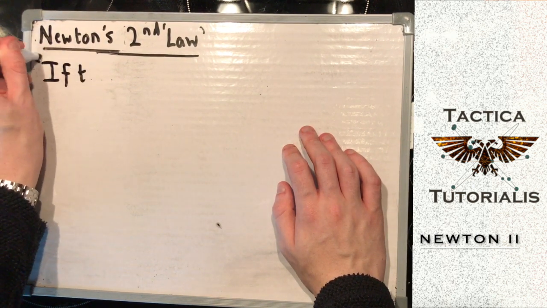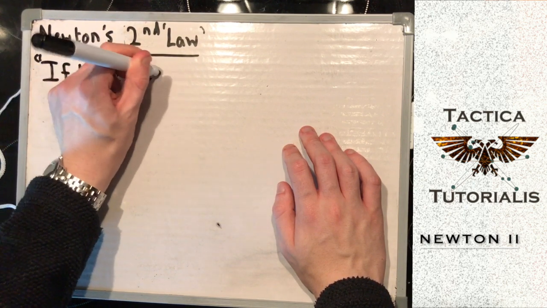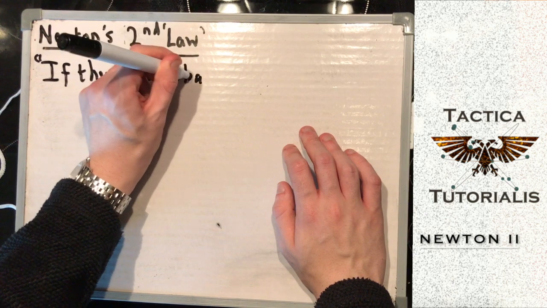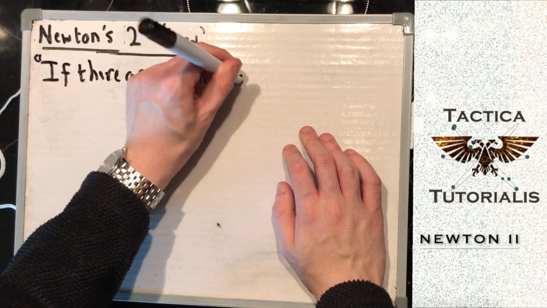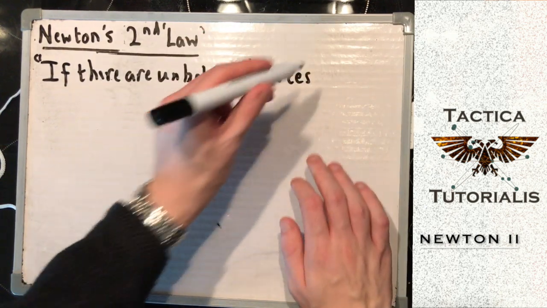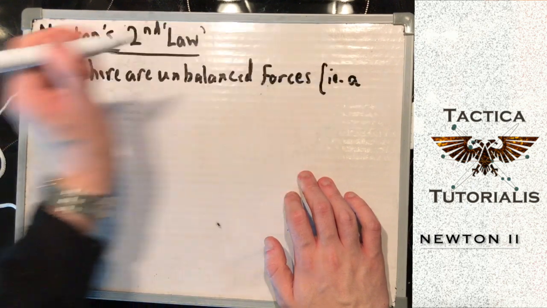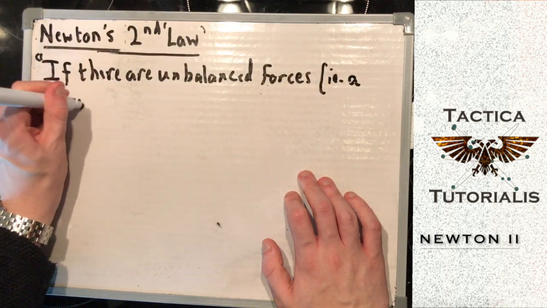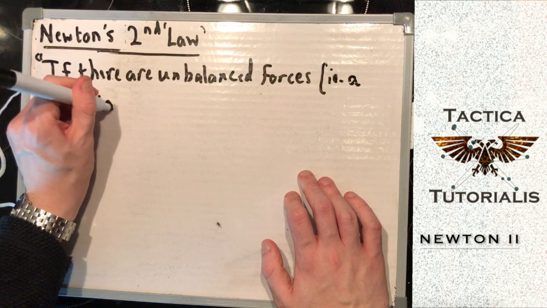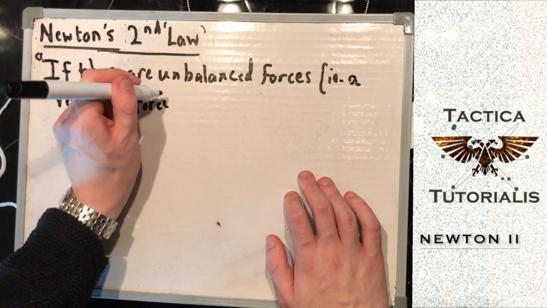So what I'm going to say is, if there are unbalanced forces, and I'm going to put in brackets another new term, which is a resultant force. Again, we will define this later. I'm just giving you the term now because it will help make everything make sense.